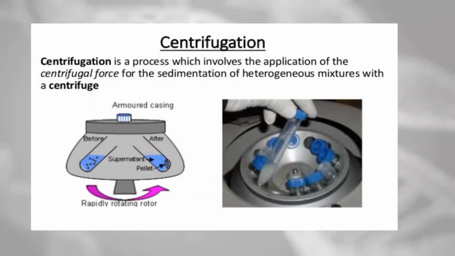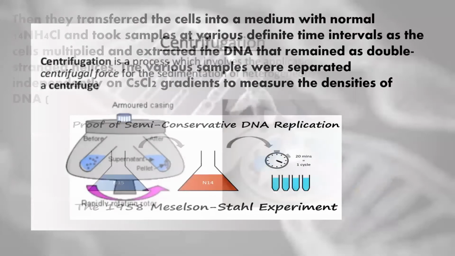What exactly is centrifugation? This is the process that involves the application of centrifugal force so that the heavy particles get settled at the base. That we say sedimentation of the heterogeneous mixture with a centrifuge.